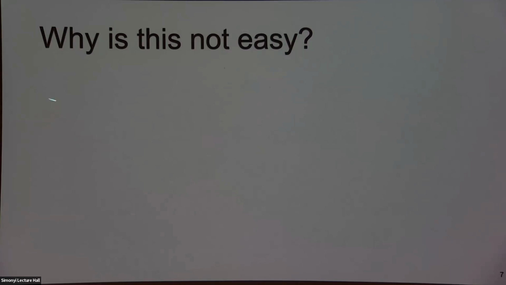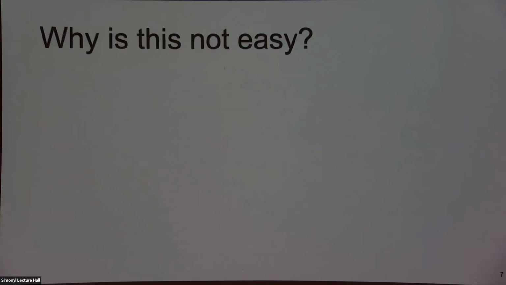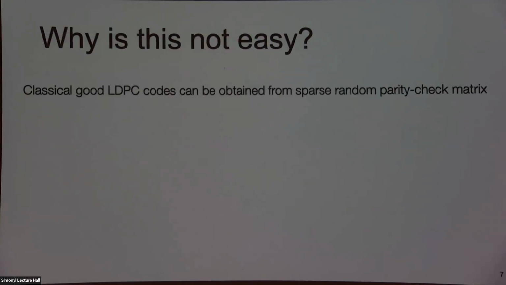Let me say a few more words on why this turns out to be not so easy. Some of you might know a similar question in the classical setting. In the classical setting, one can also ask: I have classical LDPC codes, can I get distance and dimension to be as large as possible?